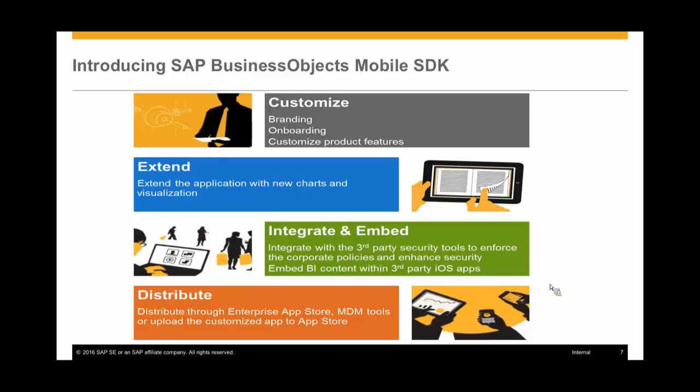There are certain features that you can enable and disable using the Mobi SDK. It gives you the option to integrate with other third-party security tools. Many organizations today use such tools to further enhance the security of the mobile applications, so we do support those options through the Mobi SDK. And once you customize the application, you can roll it out either through the Enterprise App Store or through the Apple App Store.